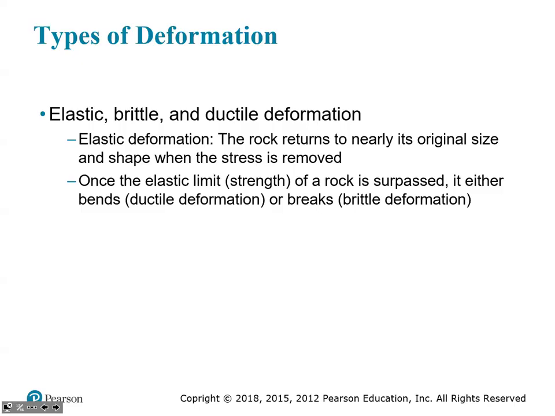There's an elastic limit for any material, after which the deformation will be permanent. That's the strength. Once the elastic limit or strength of the rock is surpassed, it will either bend, undergoing ductile deformation, or break, undergoing brittle deformation.